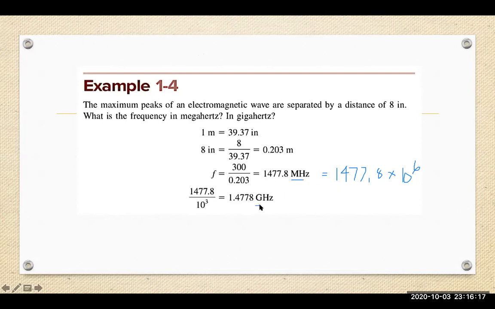So for giga, we have 1.4778 times 10 raised to 9, since you move the decimal point 3 times to the left. So that is the meaning of this prefix giga, okay? 1.4778 gigahertz. Okay, so let's now go to the next page. Let me just erase this one.